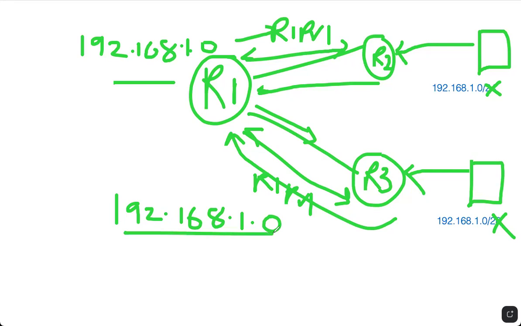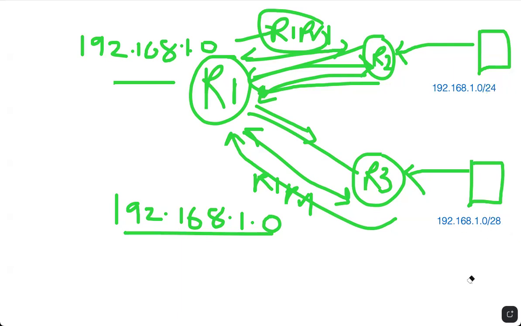So that is a disadvantage of RIP version 1, because it is not sending a subnet mask to the neighbor. It is a classful routing protocol. It does not advertise the subnet mask information to the neighbor. Originally, if we observe, this one is a /24 and this one is /28.